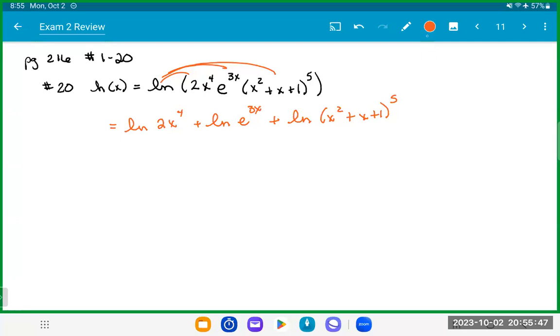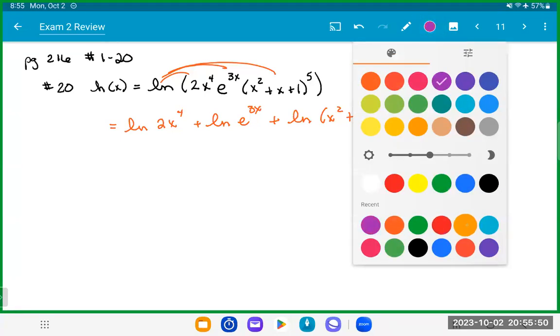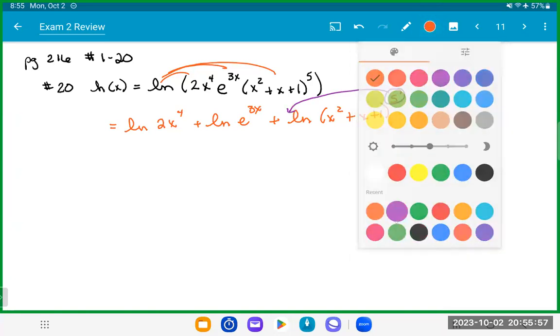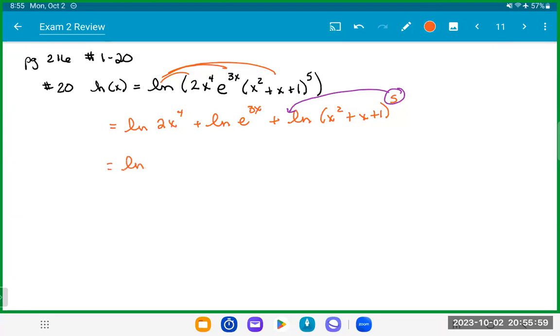Okay, so that is nothing more than just using those principles. I then need to move this exponent down into the front. So that gives me the ln of 2x to the 4 plus ln e to the 3x plus 5 ln of x squared plus x plus 1. Okay.